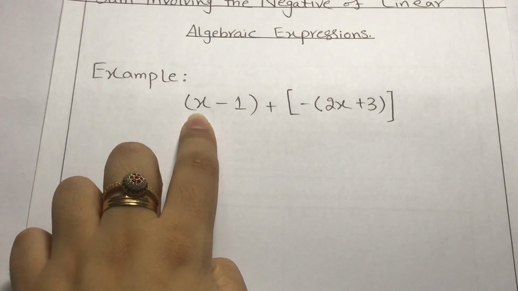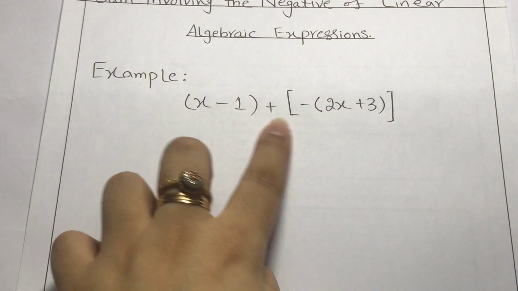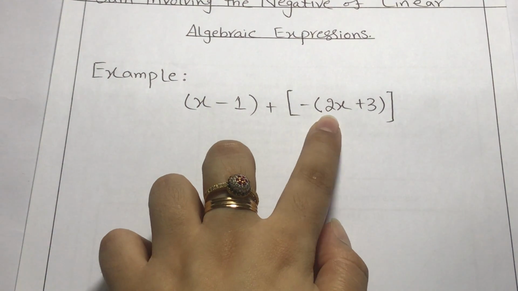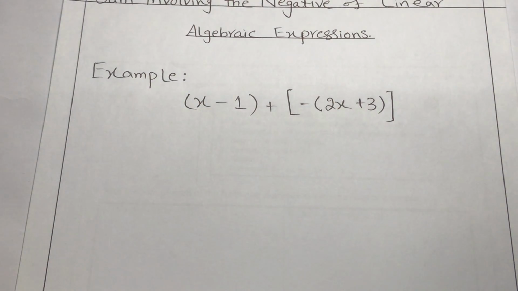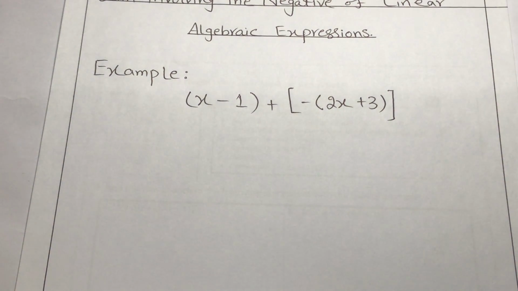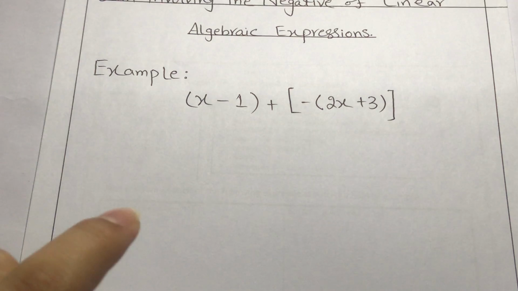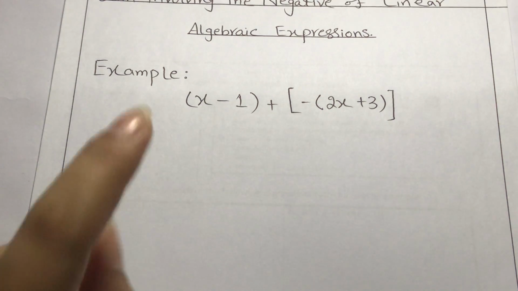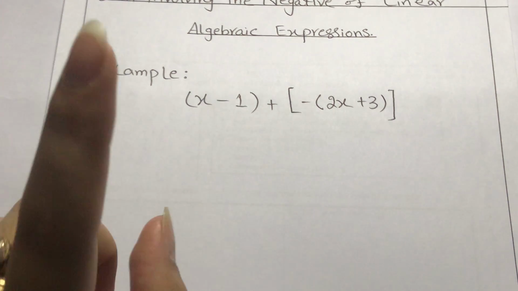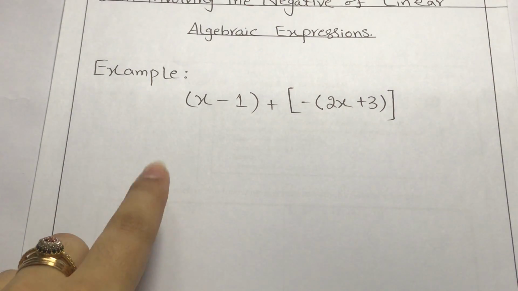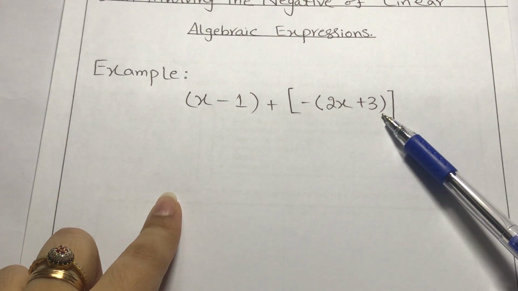Now your example is x minus 1 plus square bracket negative of 2x plus 3. In the topic of combined operations on numbers, we have learned that if there is more than one pair of brackets involved, you will solve the innermost bracket first, right?